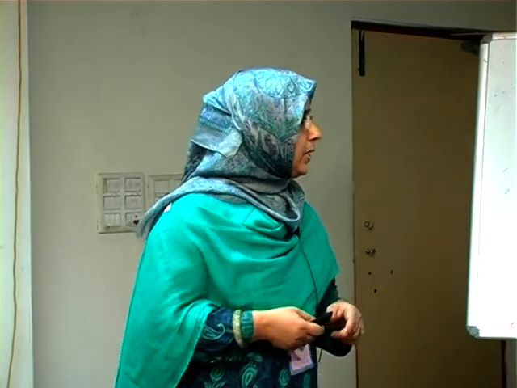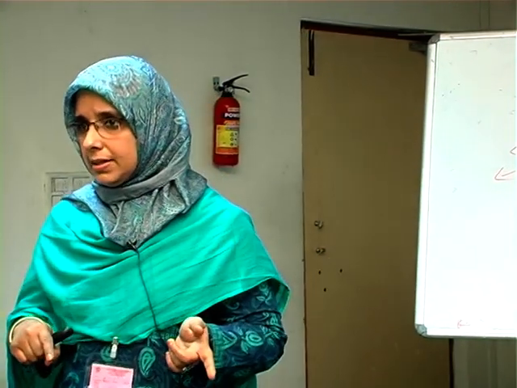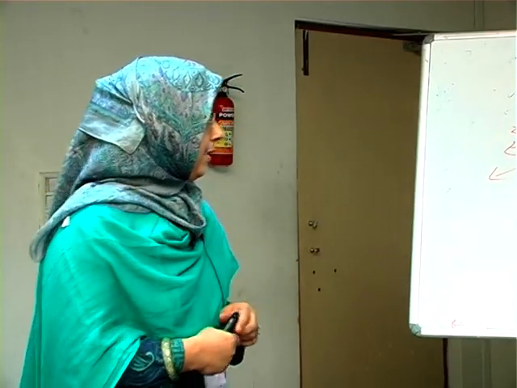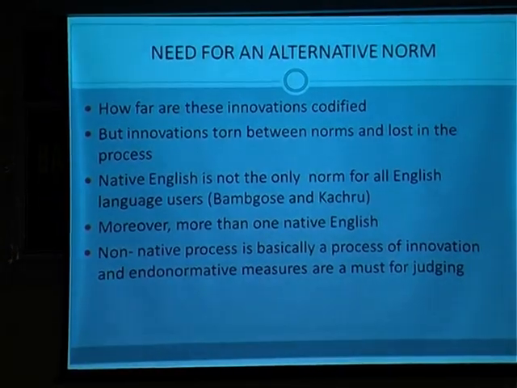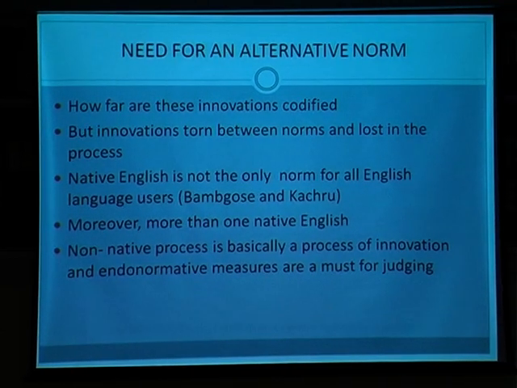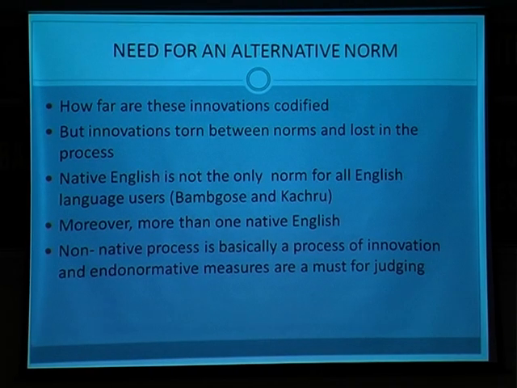Now coming back to innovations, like I told you earlier, it is torn between two norms, the native speakers' rules and our own norms. But Bamgbose and Kachru both assert that native English is not the only norm for all Englishes, because each English should be studied in the context of its own culture.